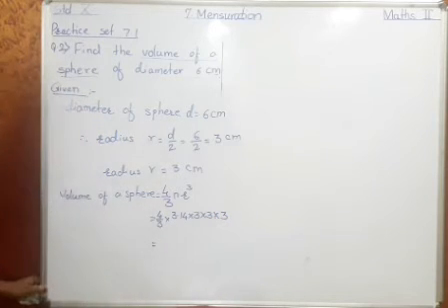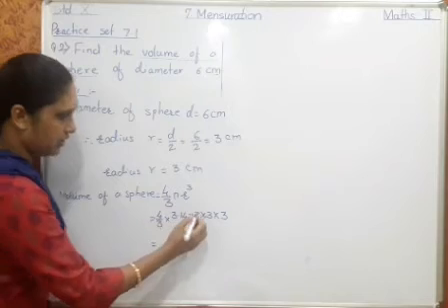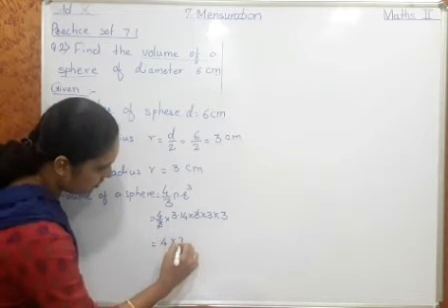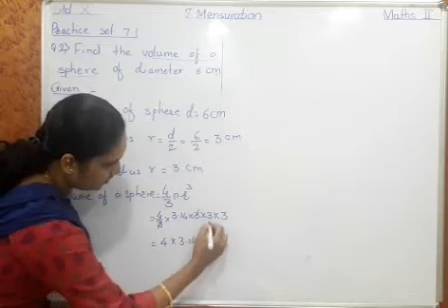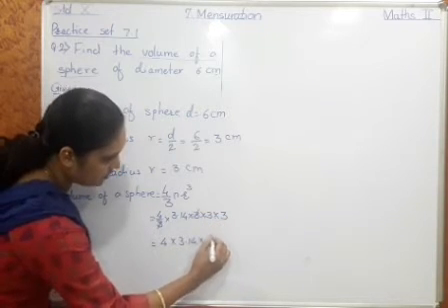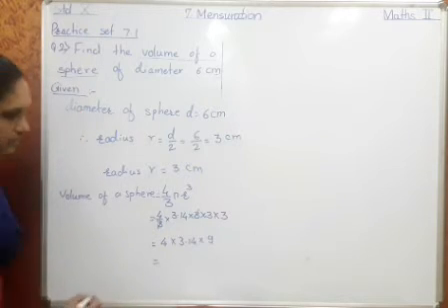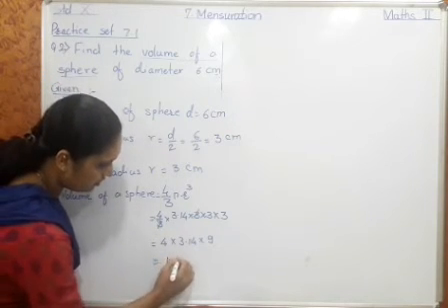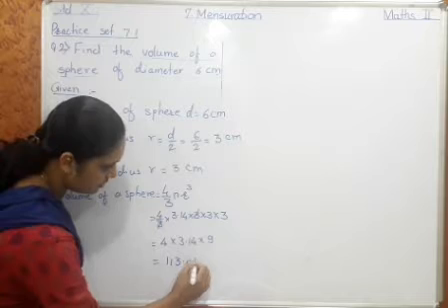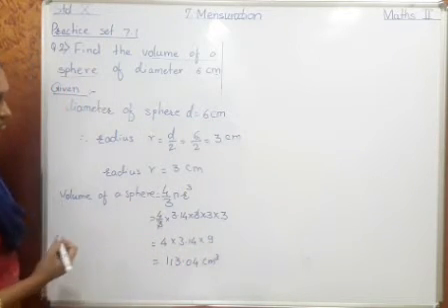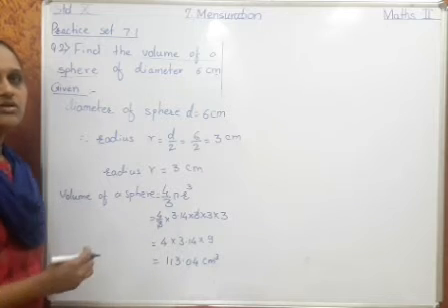If you observe, this 3 and 3 we can cancel. Remaining numbers are 4 into 3.14 into 9, and the full multiplication will be 113.04 centimeter cube. So this is the volume of a sphere.